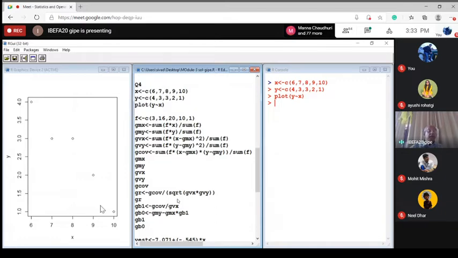How many points are on the graph? 5. My request is, when will you get 50 values on the graph? Why? Because each of those points represents multiple data points. So each circle is repeated. 6 and 4 is repeated how many times?